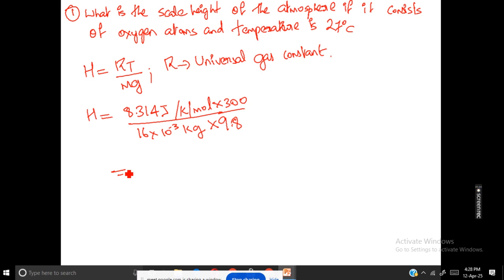The answer will be 15.9 kilometer, or approximately 16 kilometers. So this will be the scale height of the atmosphere at a temperature of 27 degrees Celsius, consisting only of oxygen. Just give me a minute.